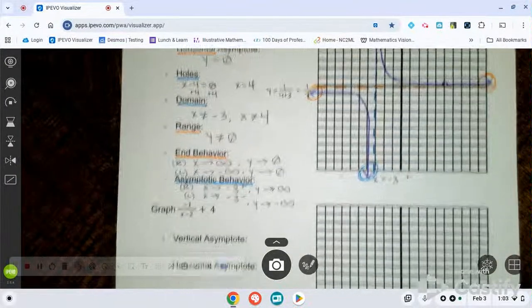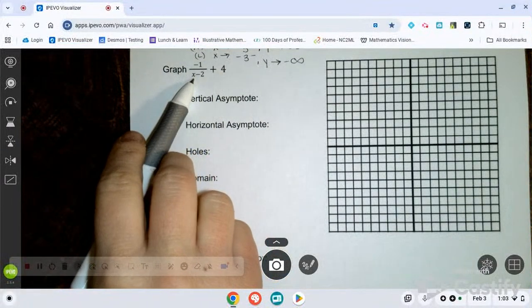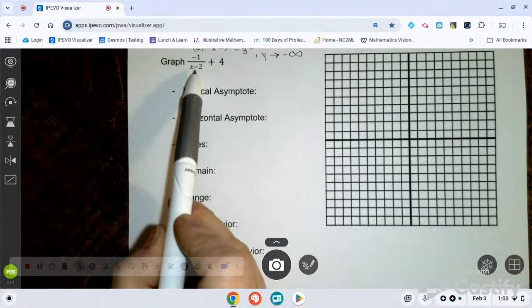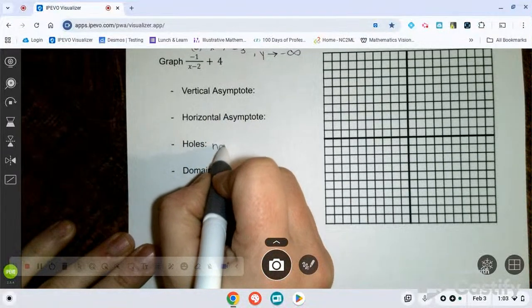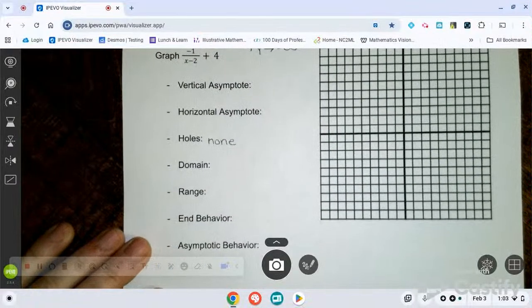So the last one that I have for us to do together is a general form, so we don't have to factor. We're going to talk about how we have shifted our graph. And in this case, because there are no factors that are going to cancel out, there is no hole for this graph.